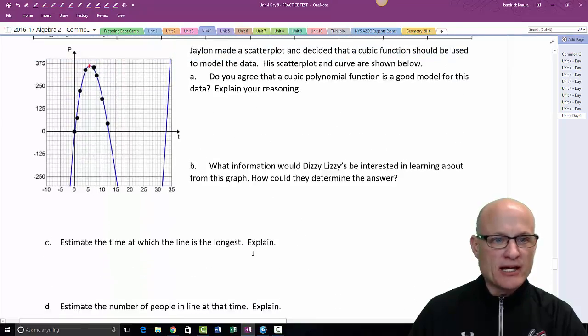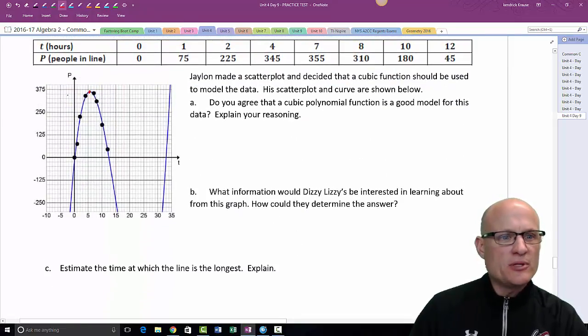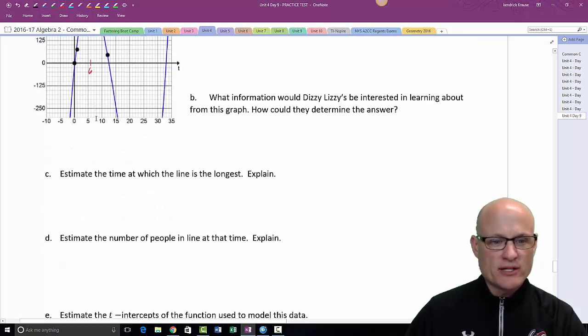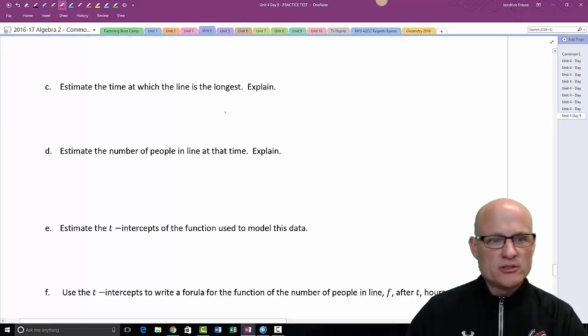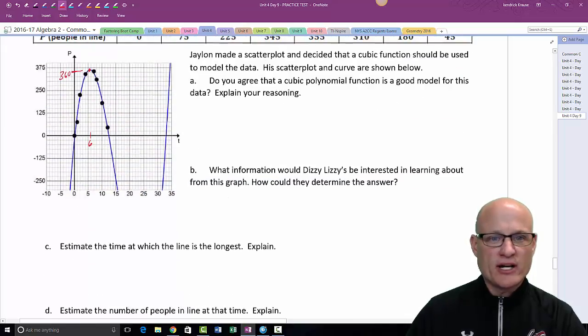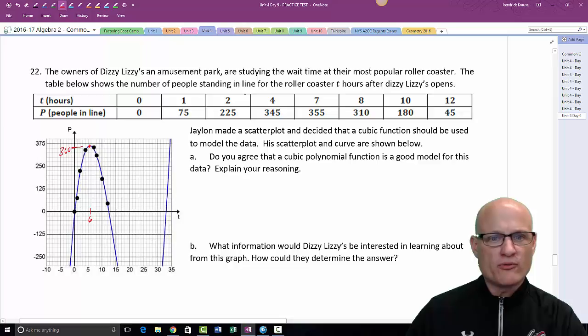Estimate the number of people in line about 6 hours after they open. It looks like it's a little bit, so I'm going to say about 360 people. Estimate the time at which. Now, I don't give you the time the park opens, right?